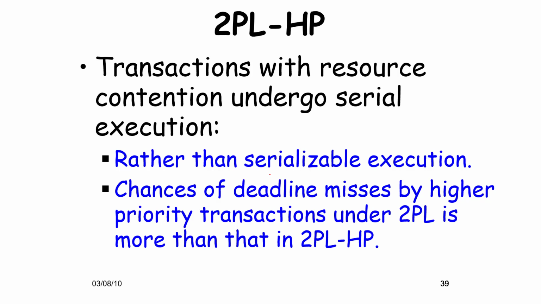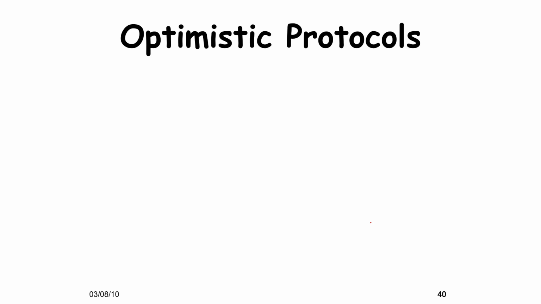But in this case, they're actually executing one after the other. So for high priority transactions, 2PL or 2PL-WP are clearly worse algorithms than 2PL-HP, which gives a high priority transaction immediate access.